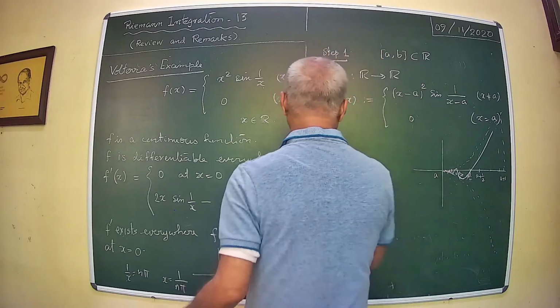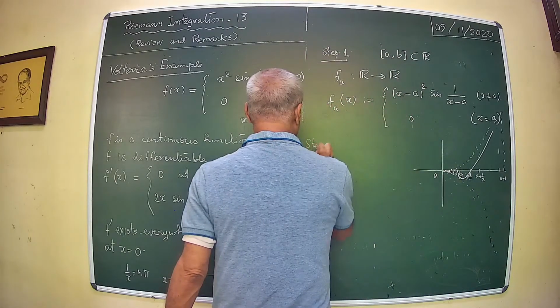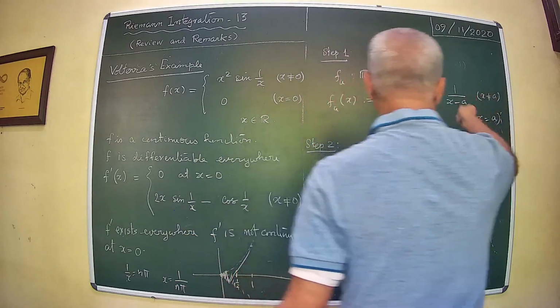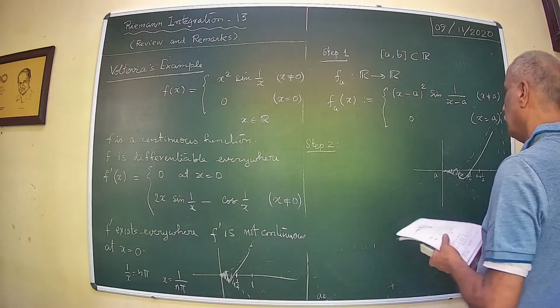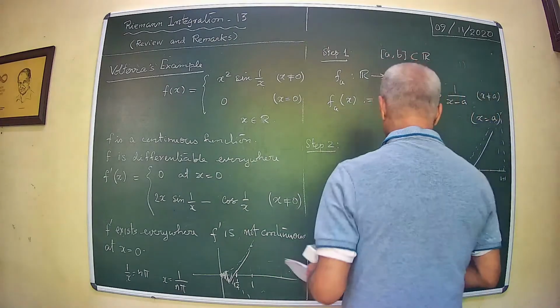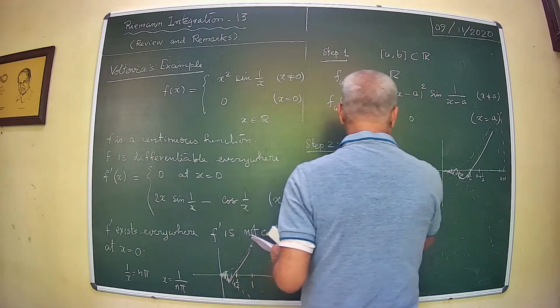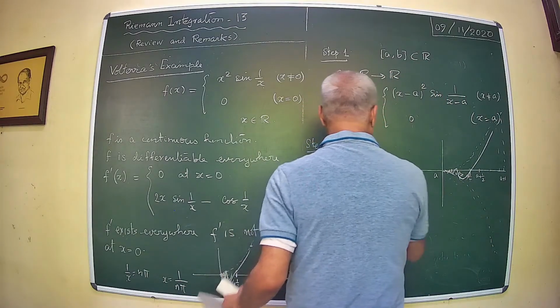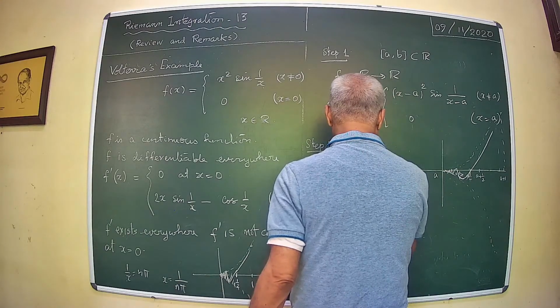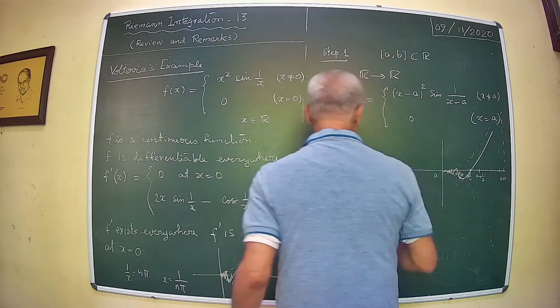So the step 2 is, we don't define it on the whole interval a to infinity or anything, but we are interested in the interval a to b. So what you have is the interval a to b, then you take the midpoint of that, a plus b by 2.